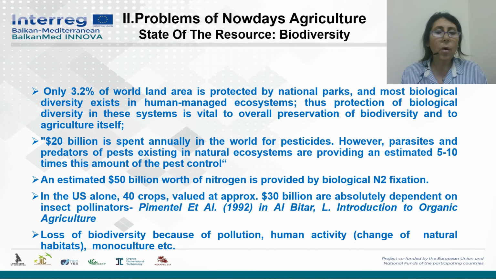An estimated about $50 billion worth of nitrogen is provided by biological nitrogen fixation. In the United States alone, 40 crops valued at approximately $30 billion are absolutely dependent on the insect pollinators.